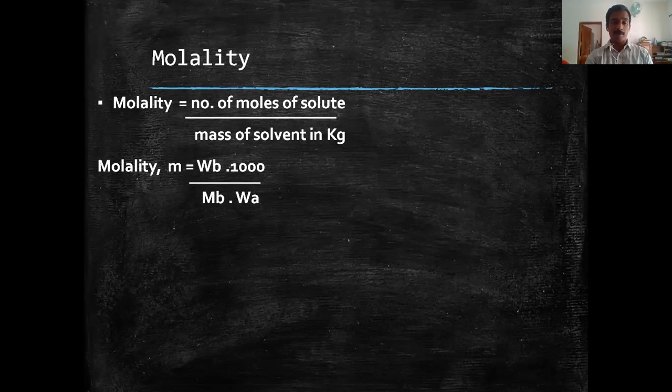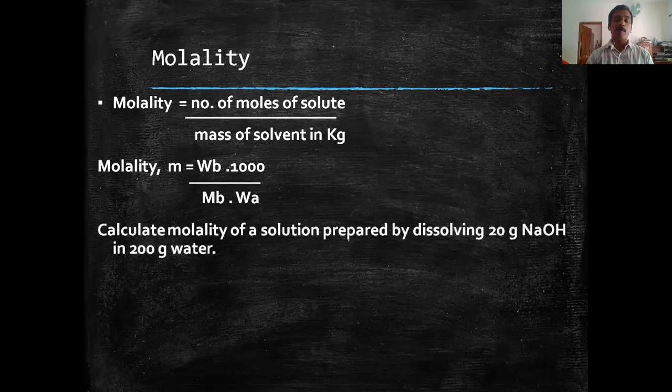Okay, we can solve a problem. Calculate molality of a solution prepared by dissolving 20 gram NaOH in 200 gram water. Here, what are the data given? WB, is it given? Yes, 20 gram. WB is equal to 20 gram, WA 200 gram, and MB molecular mass of NaOH 23 plus 16 plus 1, 40.